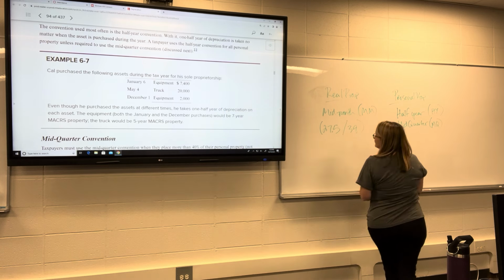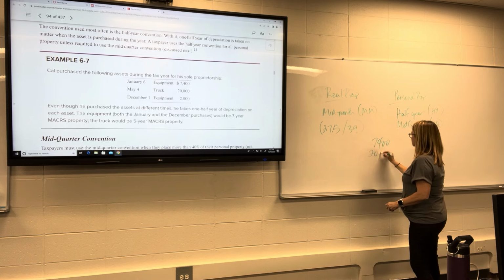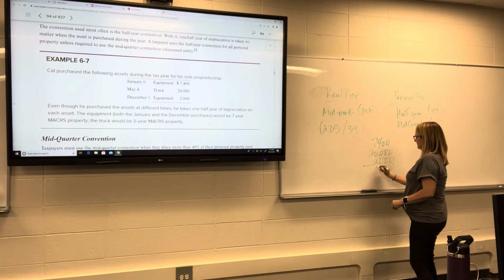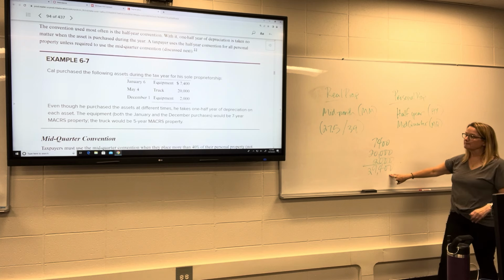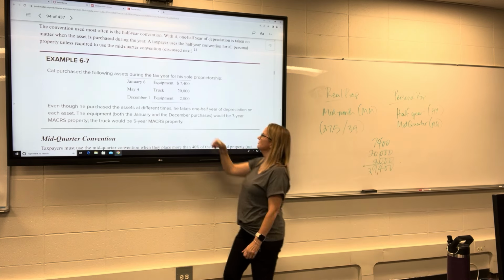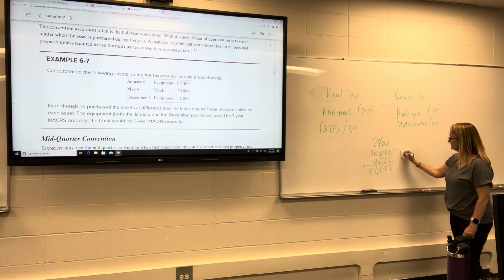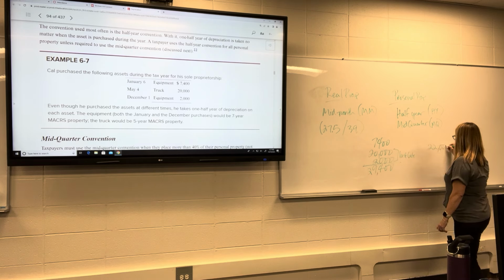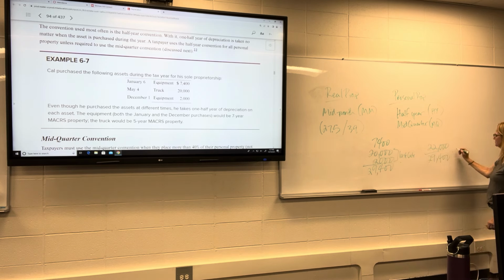The assets we placed in service, $7,400 plus $20,000 plus $2,000, so total assets placed in service was $29,400. If this was placed in service October 1st, this would mean that $22,000 was placed in service in the last quarter. So $22,000 divided by our full amount, $29,400. I don't know what percentage that is, but it's certainly greater than 40%.